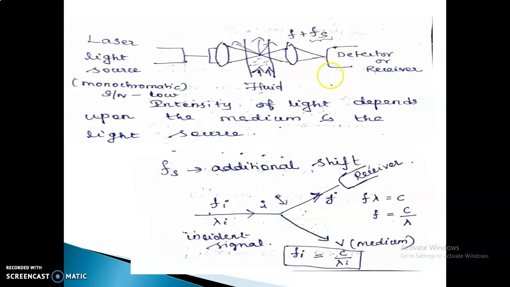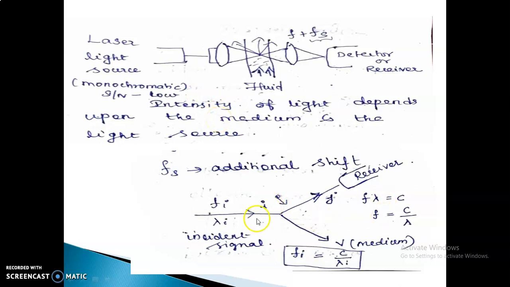Now look at the intensity of the light, which depends upon the medium and the light source. The signal intensity is determined by what medium we use, as well as what type of light source we use. From those two components, the intensity variation will arise.